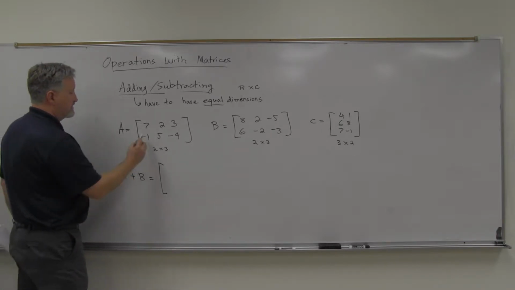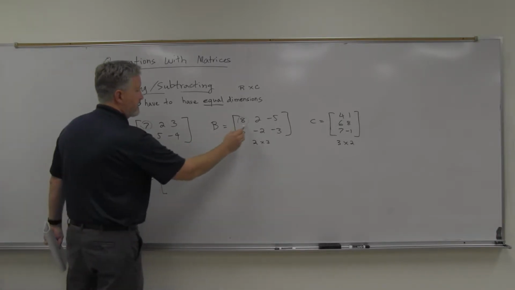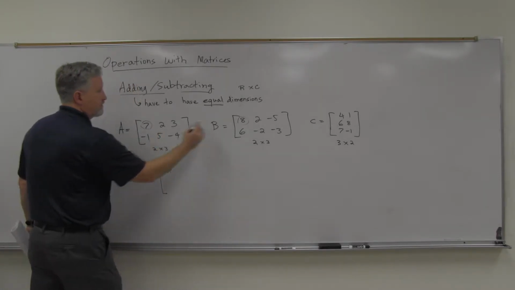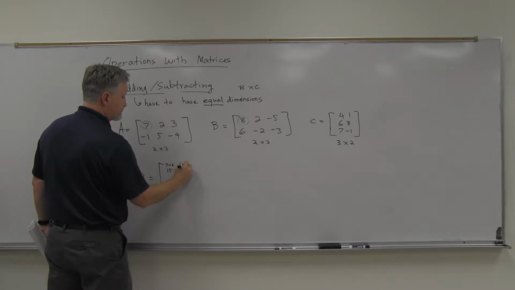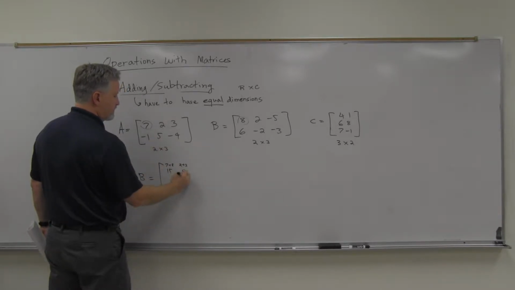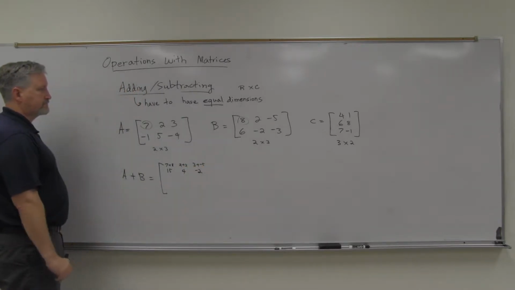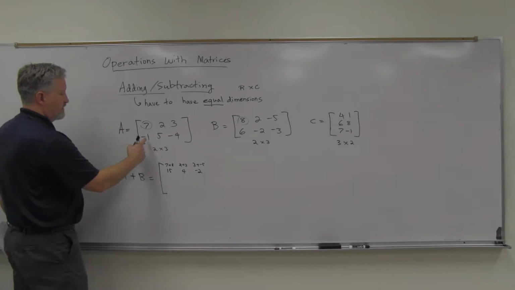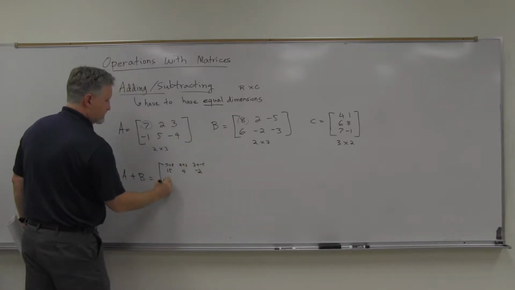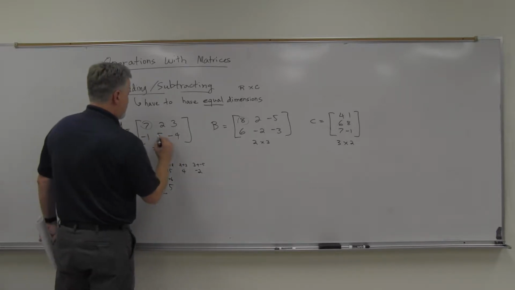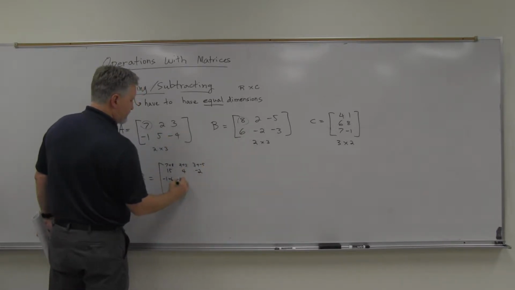So to add A plus B, we do 7 plus 8, that would be 15. The 2 plus the 2 goes in the next one, so that'd be 4. 3 plus the negative 5, negative 2. And then we do the same thing on the second row. Negative 1 plus the 6 gives me 5. 5 plus the negative 2 is 3.